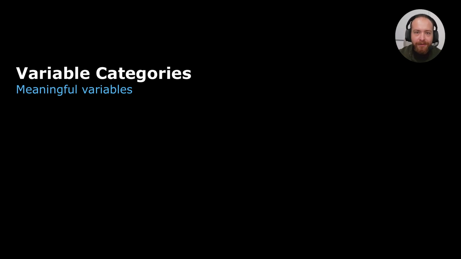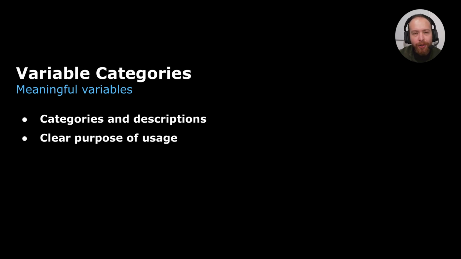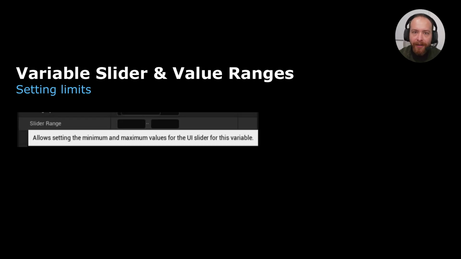In the previous chapter, we learned how to use variable categories and variable descriptions to give our variables a clear purpose of usage. Now we will learn variable ranges and value sliders to give appropriate variables a limit of range. Variable slider is the slider that we can use to set maximum and minimum values using engine slider.